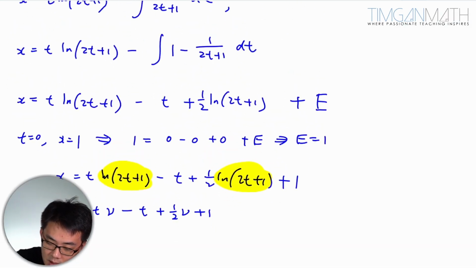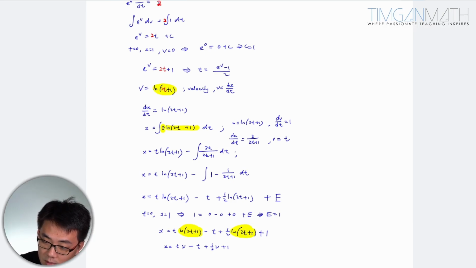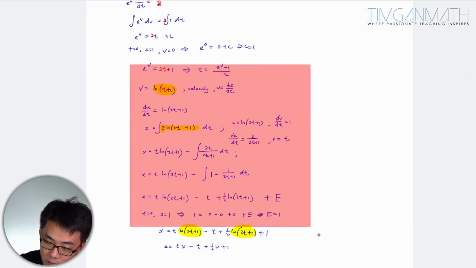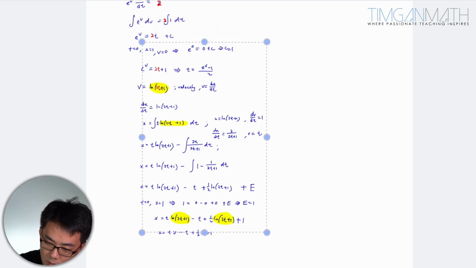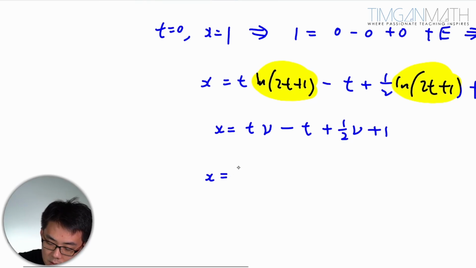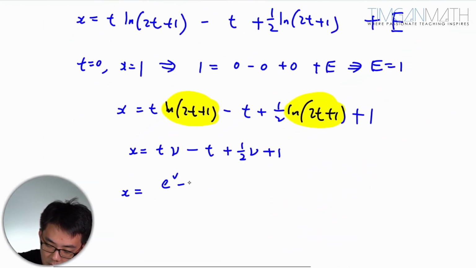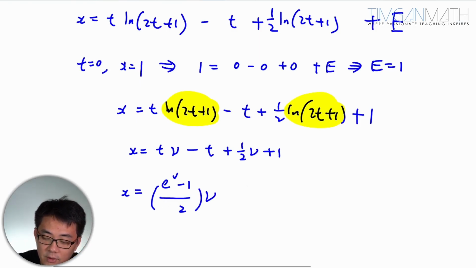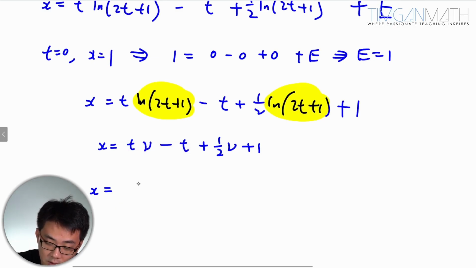So in this case, what I'll get is, maybe I should just shrink this down a little bit more. So x equals e^v minus 1 over 2. So there you go.